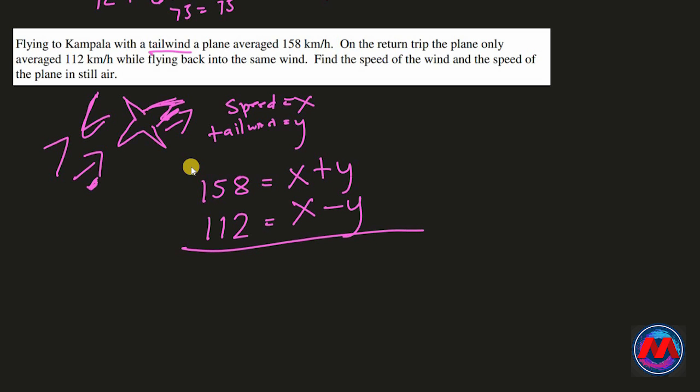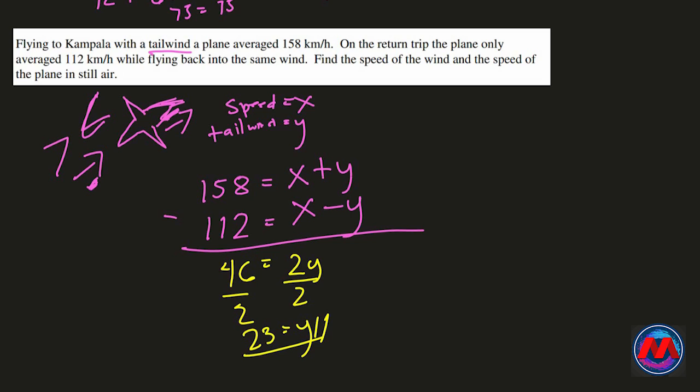So, solving this, we can solve this by subtraction para makancel natin yung dalawang x. So, that's 158 minus 112, that's 46, equal to x minus x is 0. y minus negative y is 2y. So, divided by 2, divided by 2. y is equal to 23.